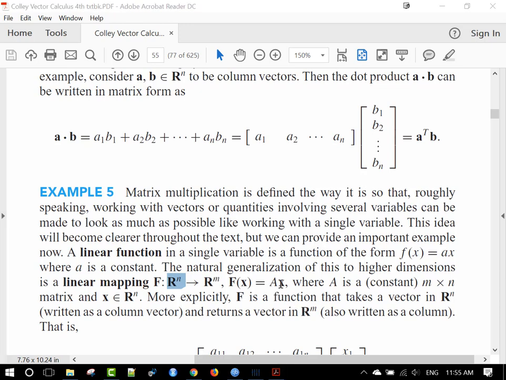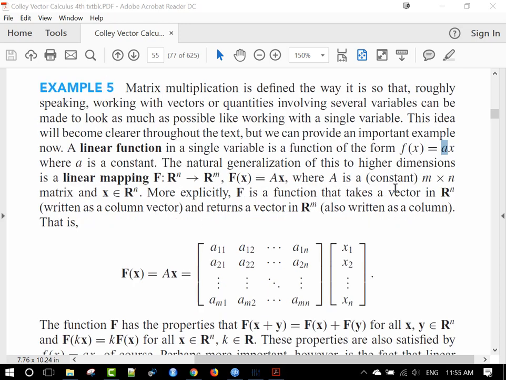Here's the definition of the function. We take the x, and we multiply it by some matrix A, just like we multiplied this by some constant a, where A is a constant m by n matrix, and x is in Rn.